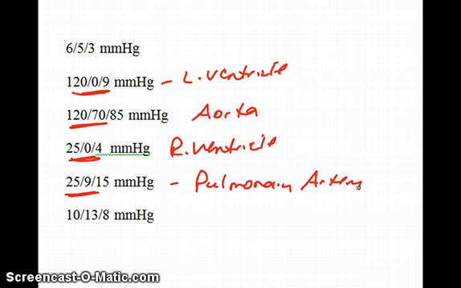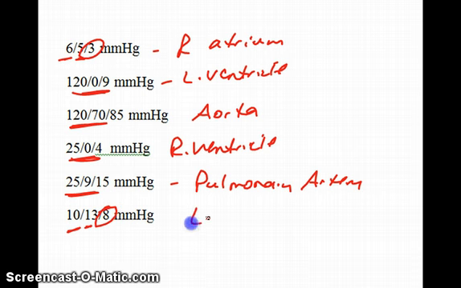Okay, and then here, these are the ones that are a little bit harder, just because you don't normally see the atria systolic, diastolic. It's usually just the mean, so that has to be the right atrium. And again, we don't really normally see the systolic, diastolic for the atrium, because it's all kind of the same, but the mean is what we normally look at, and so it has to be left atrium.